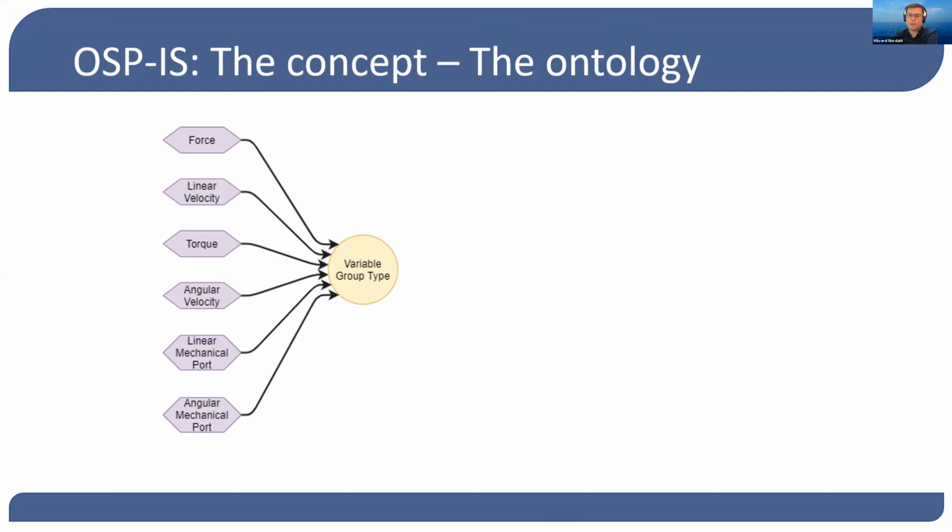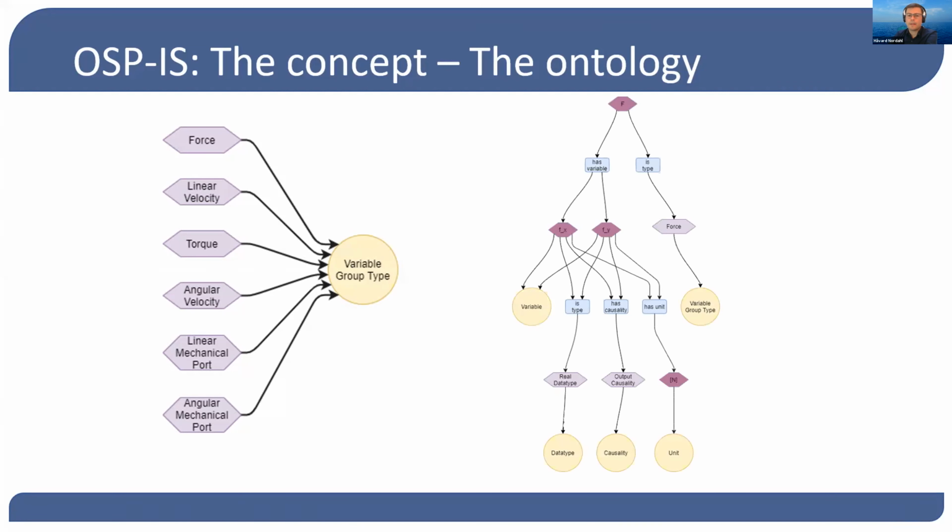Each variable group type has a set of defined restrictions on number of variables, causality of variables, and units of variables. As an example, a variable group can be of type force, and all variables in a force type variable group must have the same data type, units, and causality.